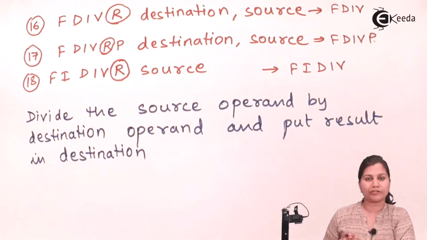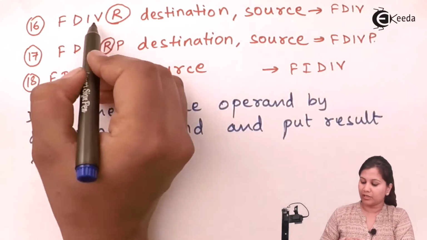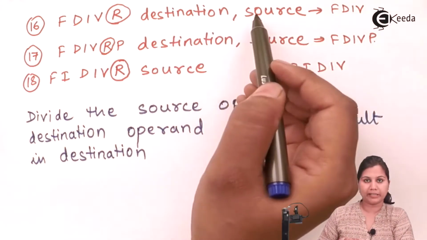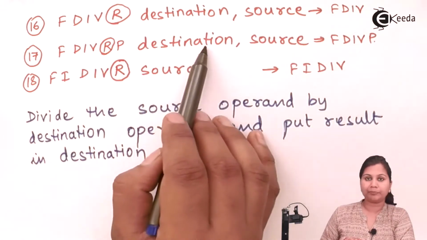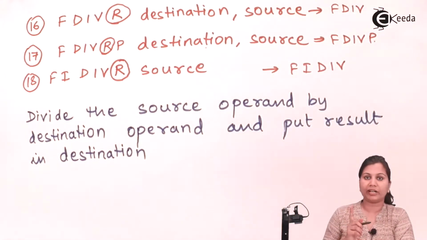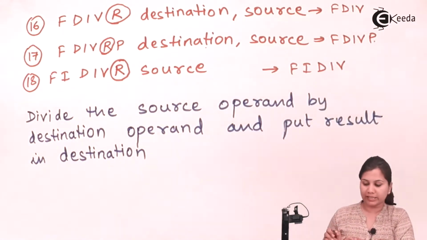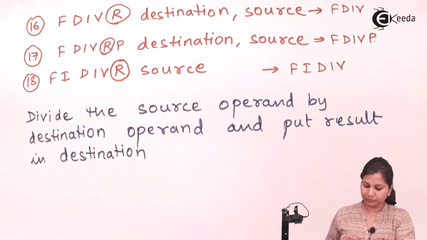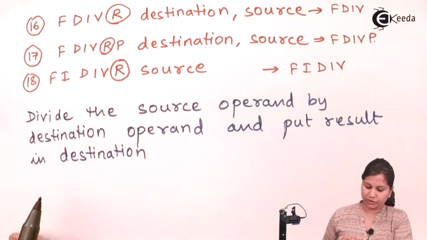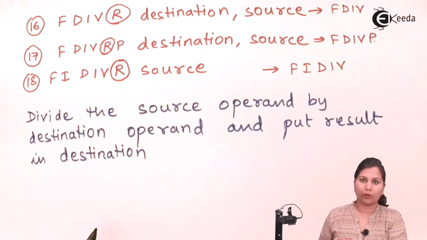Otherwise the remaining function is the same. Here the source is divided by the destination, here the source and destination are divided and the stack pointer is incremented by 1, and here the integer from the memory is taken and divided by the source. So these instructions are for the division operation.